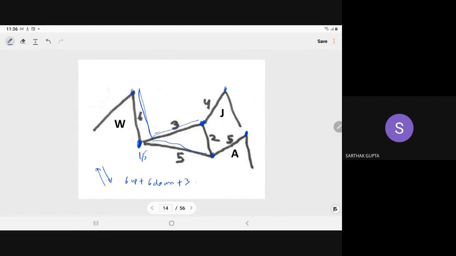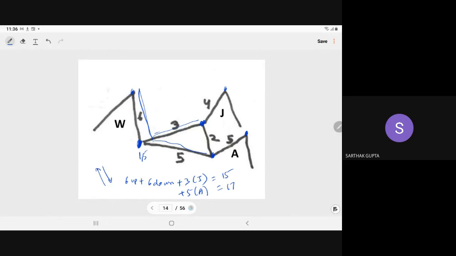So 3 for the Jefferson, and 5 for the Adams. So the total distance will become 15, and here the total distance will become 17 for the first day. Clear? Yes, sir.